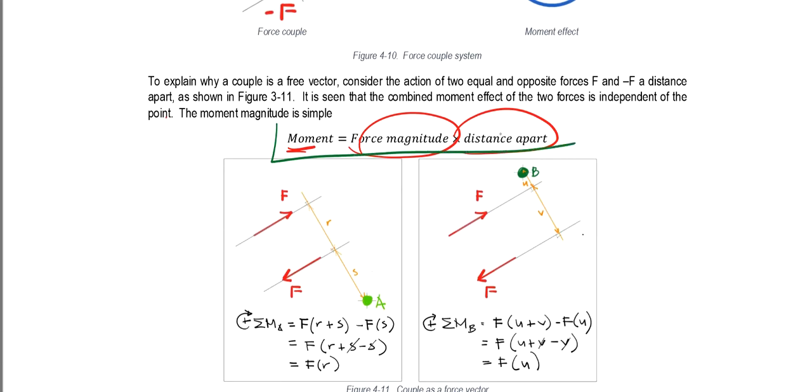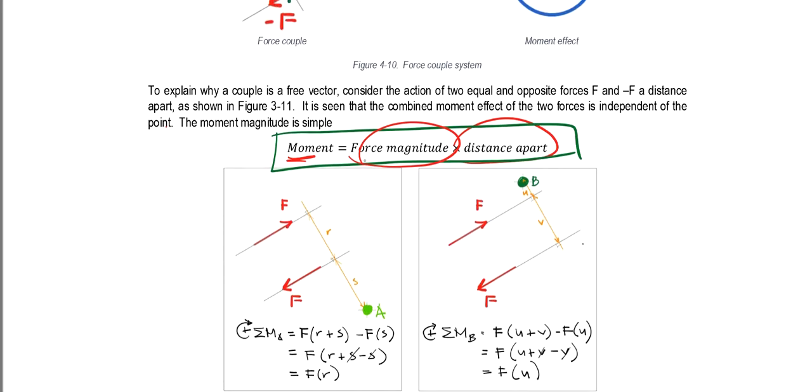So from here we can easily compute the moment created by this couple. Again, force magnitude times their distance apart.